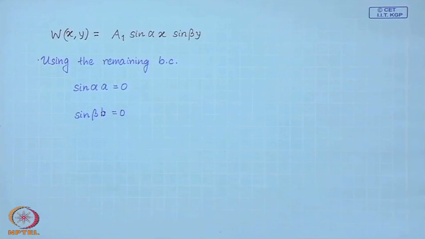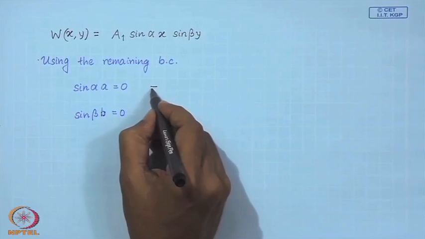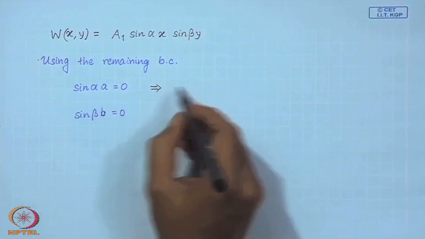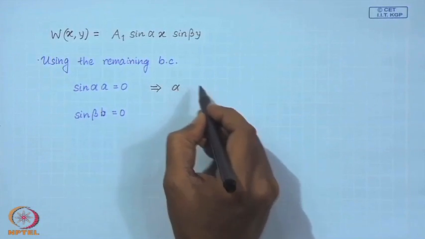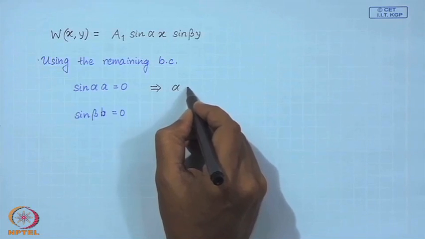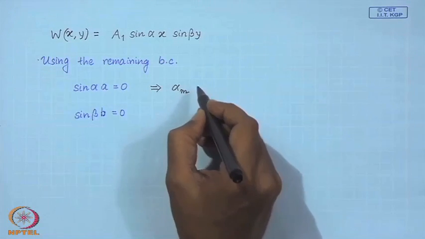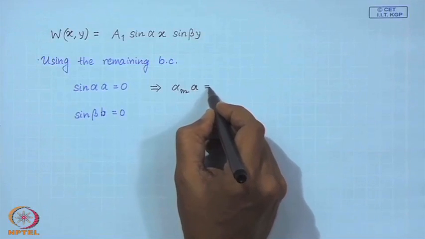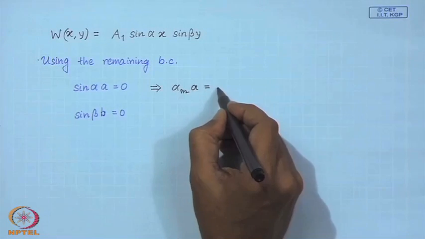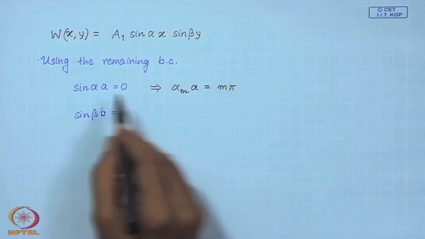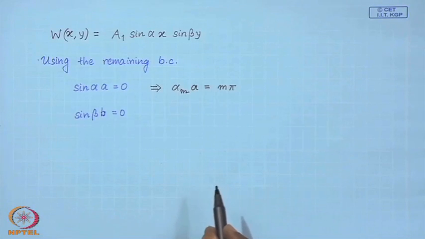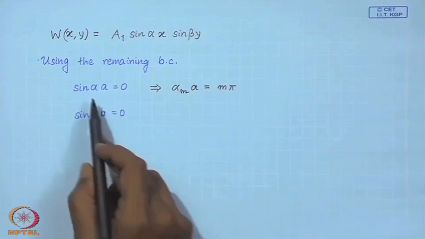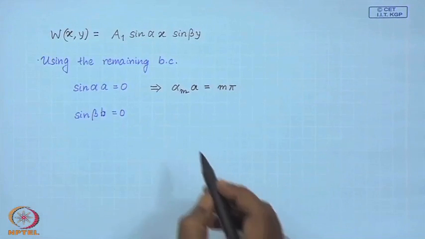So, this implies, the first condition implies that alpha now gets indexed because there are countably infinitely many solutions of this equation.